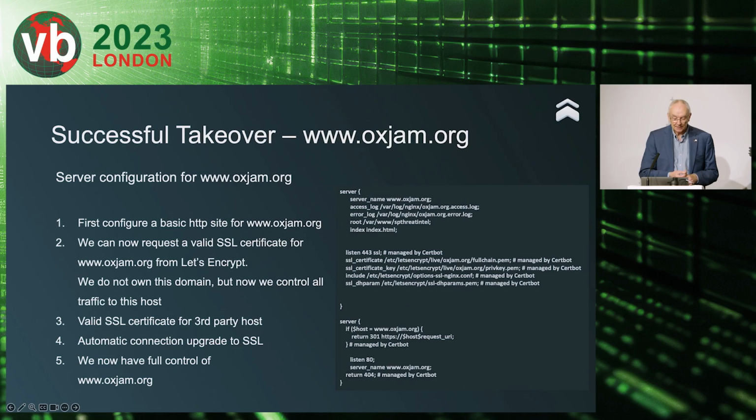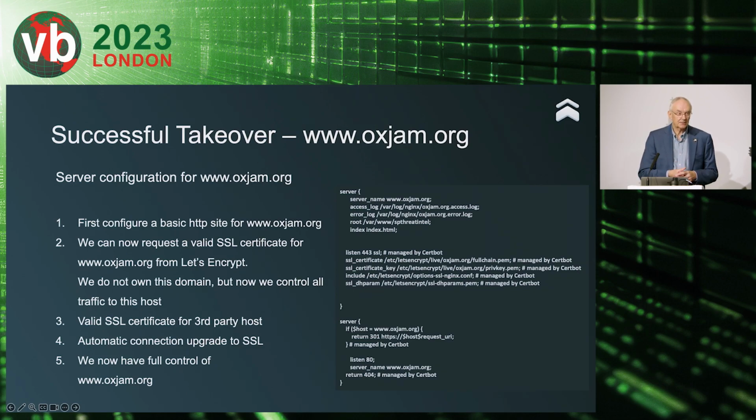So we start that up first, then we use the command line tool from Let's Encrypt to request the certificate. And it's very useful because it automatically reconfigures our basic Nginx configuration to integrate the certificate. It'll automatically upgrade all incoming connections to SSL. And now we have a completely valid certificate for oxjam.org.